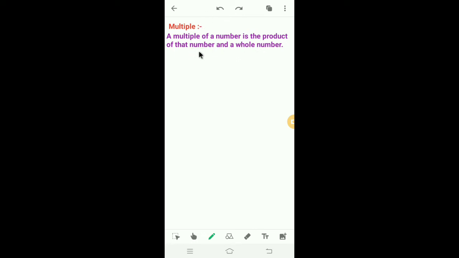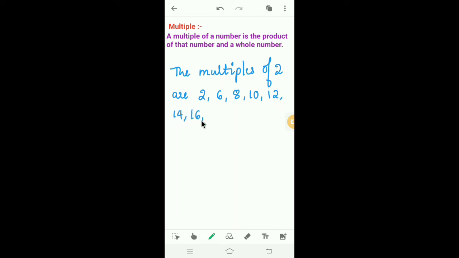For example, the multiples of 2 are 2, 4, 6, 8, 10, 12, 14, 16, 18, 20, and so on.